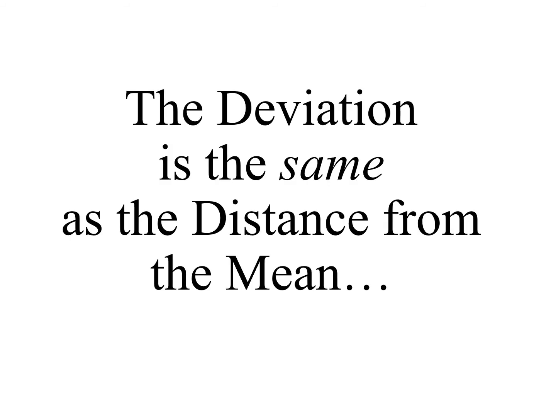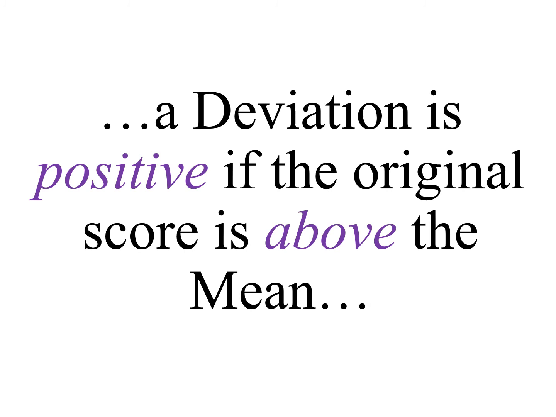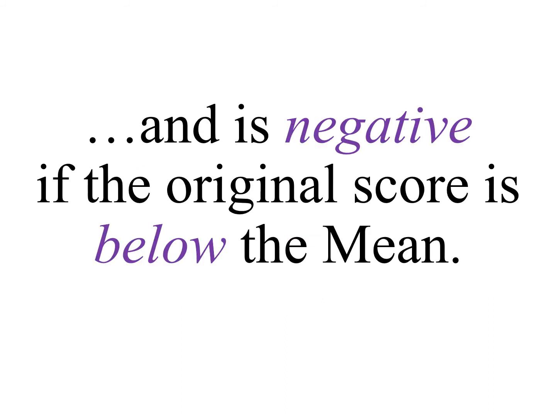The deviation is the same as the distance from the mean, except a deviation is positive if the original score is above the mean, and is negative if the original score is below the mean.